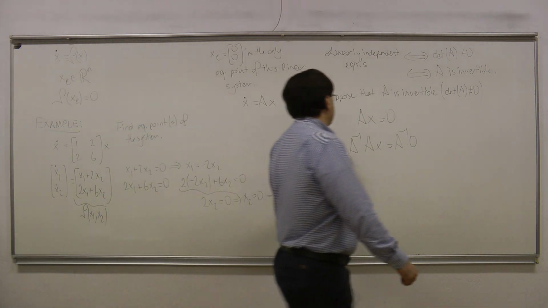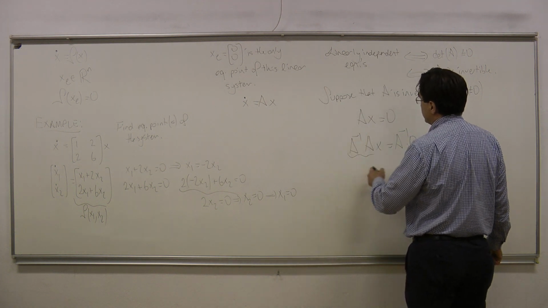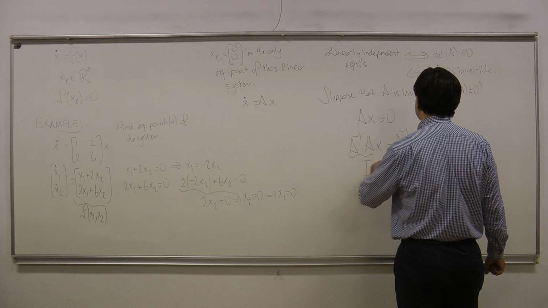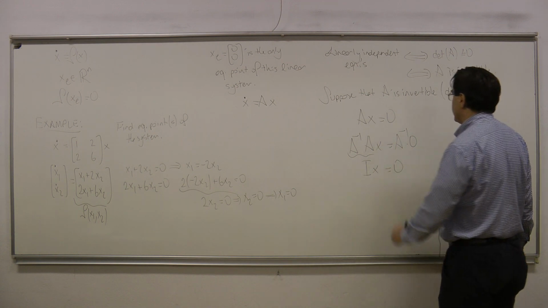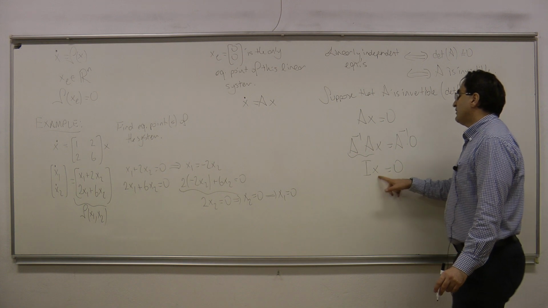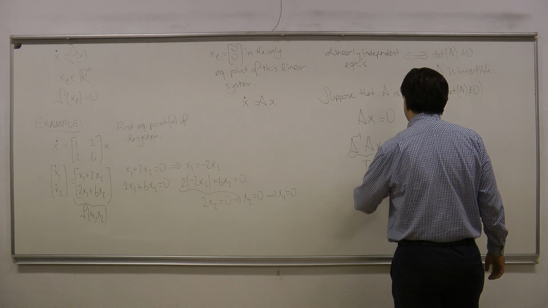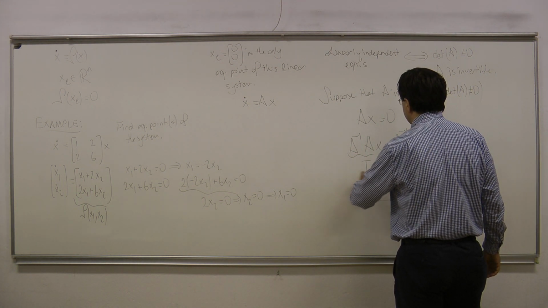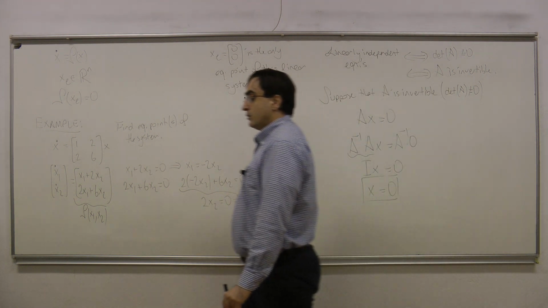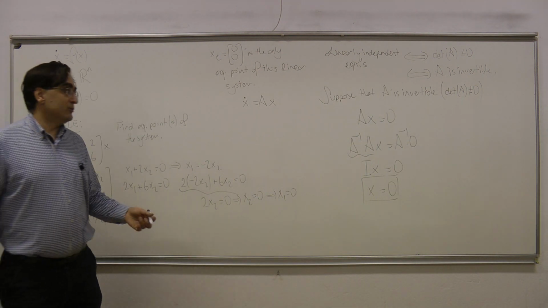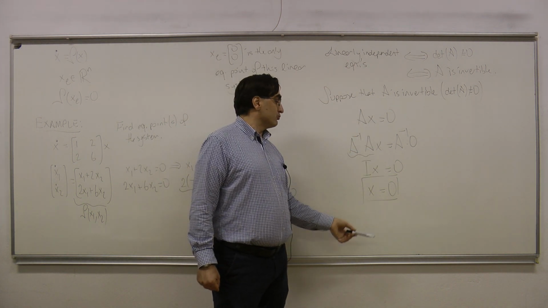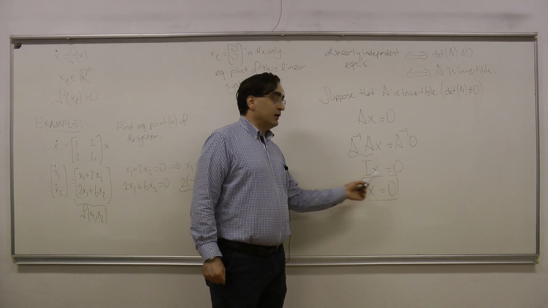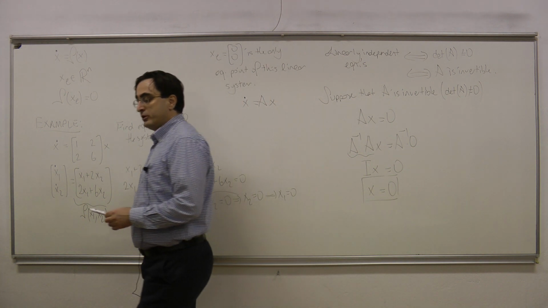Now I know that A inverse times A is the identity matrix. Identity times x, and A inverse times 0 is still the 0 vector. Identity times x is x itself, and the right-hand side is 0. So we get our result. If A is invertible, the only solution of the equation Ax equals 0 needs to be x equals 0, the origin.